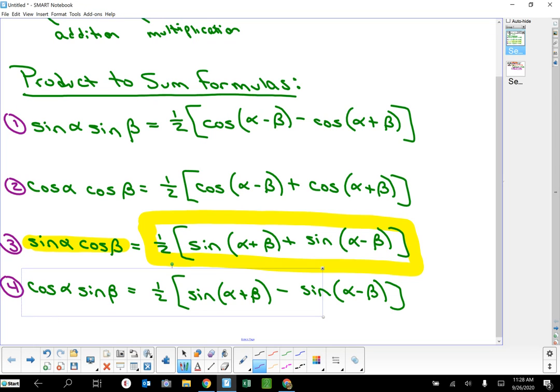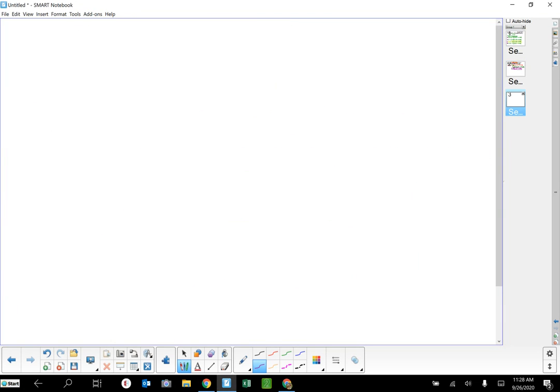Okay, I don't know if I have another example. Oh, I do. So that one was in just 7x's and 3x's. This one actually uses radians, and then it goes on to actually evaluate. So let's take a look at this guy. All right.